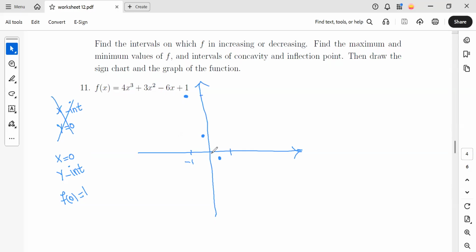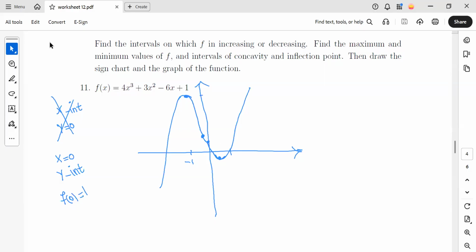So 0 and 1 is a point that helps us to draw the graph. Based on the sign chart, we have a maximum here, a minimum here, and an inflection point here. Before the inflection point, it was concave down. And after it, crossing the y-intercept, it will be facing up because it is concave up.